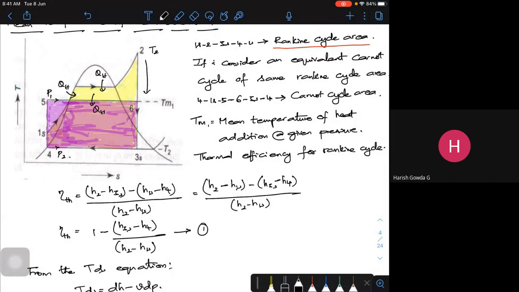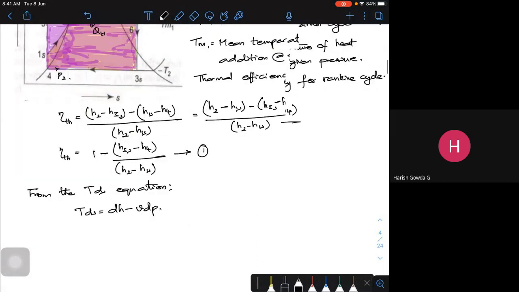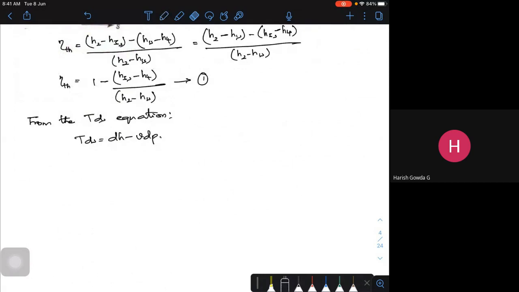If my pressure is kept constant, and I call this equation number 2, then dP, the pressure difference, is 0.